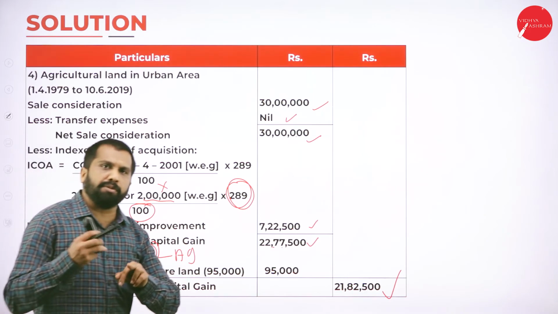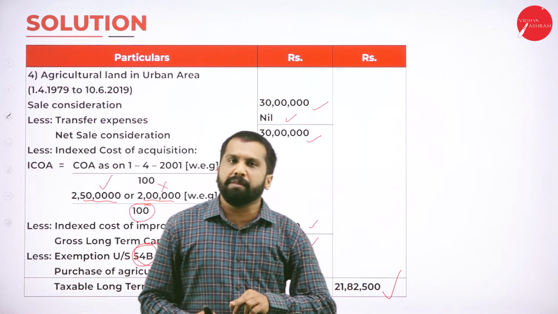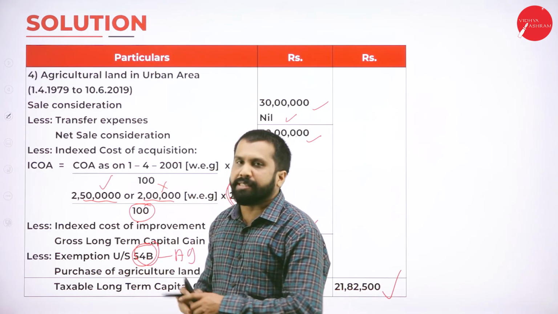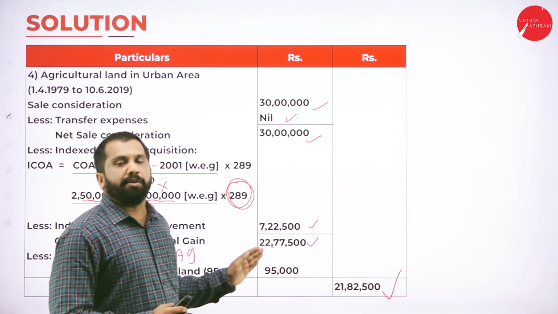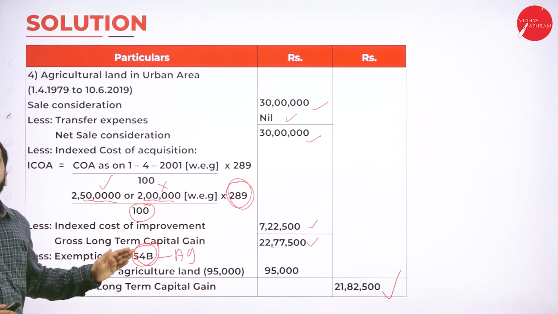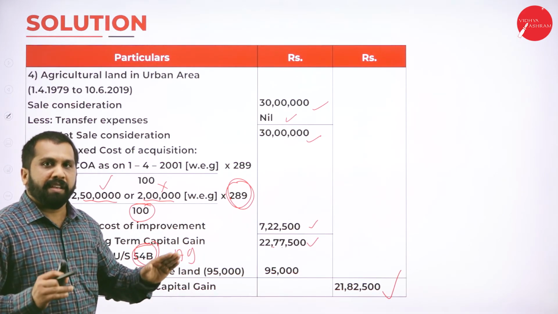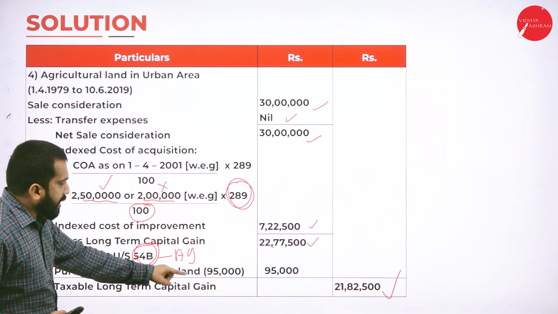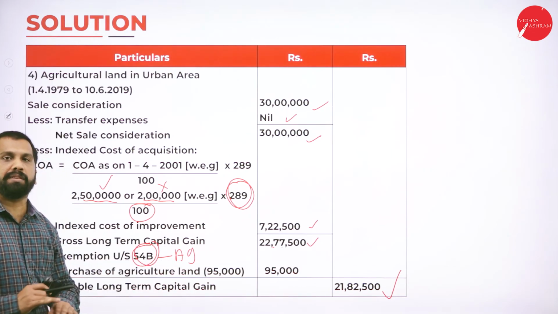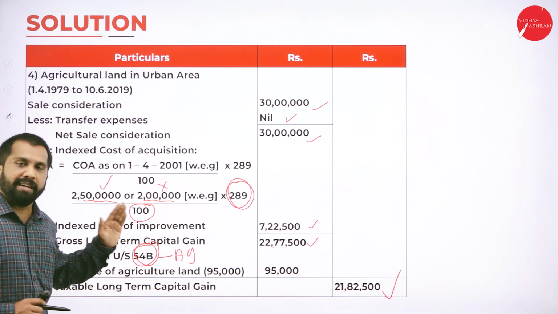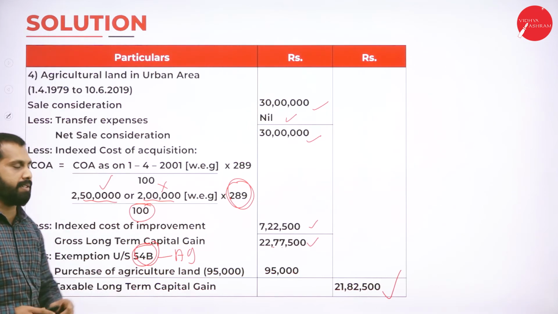If you do 3 or 4 problems, you will remember all these things. And whatever I am doing now is not only for your BCom or BBA. If you go for any of your professional courses, in income tax the numbers will change, but the concept will not change. Concept will remain as it is. Hope you are clear? Good.